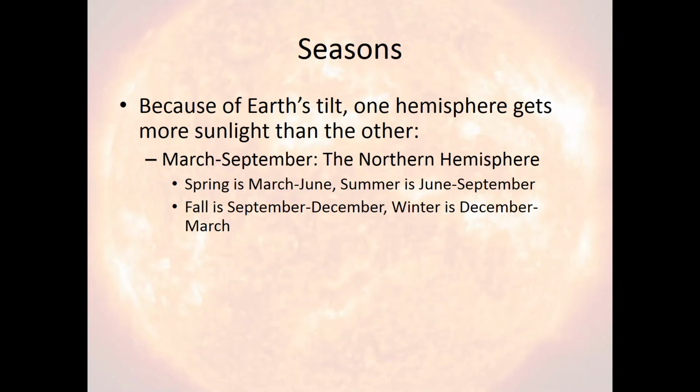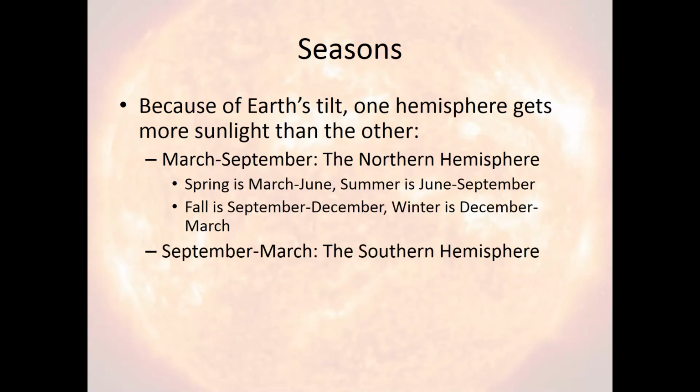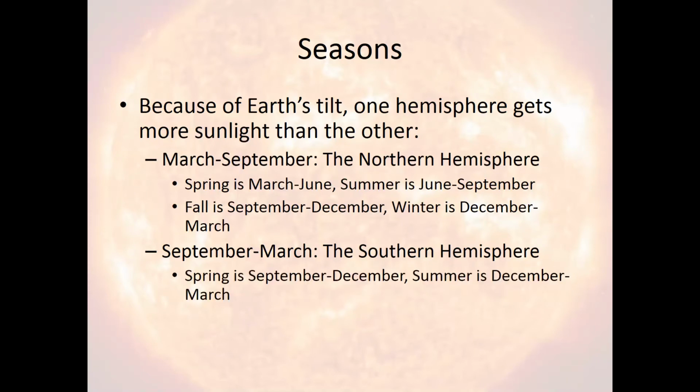And then for the southern hemisphere, they get more sunlight in the months of September to March. So that's when their summer is. Their spring is September through December, and their summer is December through March. Their fall is from March through June, and then winter's from June through September.